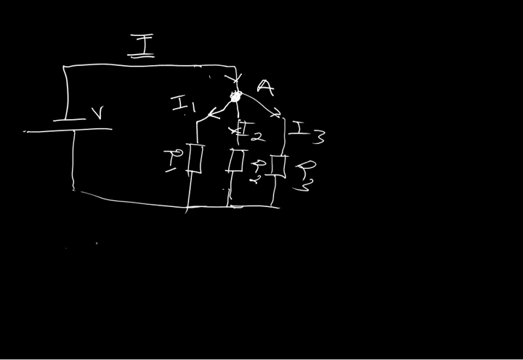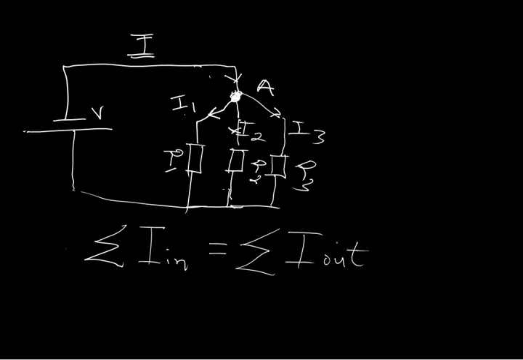So I can also write Kirchhoff's first law as: the algebraic sum of the current entering the junction should be equal to the algebraic sum of the current leaving the junction, going away from the junction.